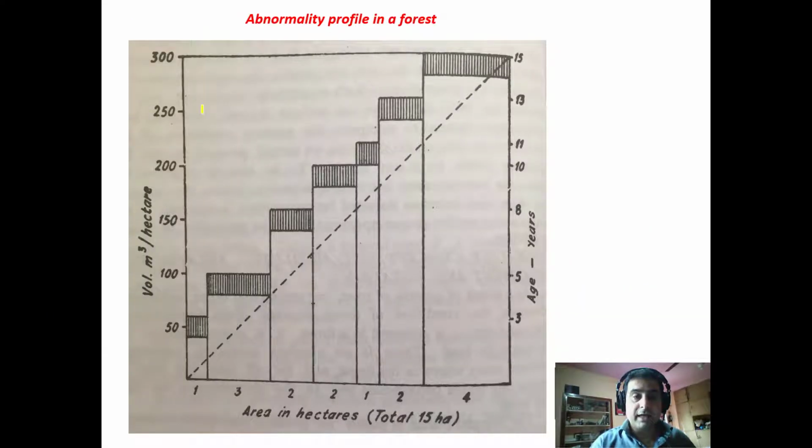So this is the profile of an abnormal forest. You can see the increment put on by this was the normal. This would have been the normal forest, and you can see the abnormal forest. The volume sometimes is quite high, and sometimes is quite low. It's not distributed uniformly over the desired age classes.